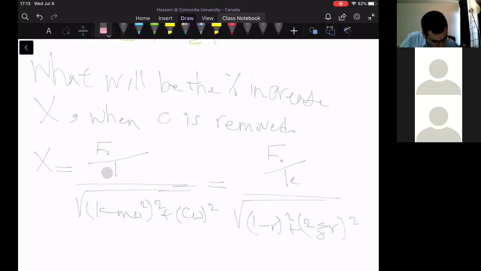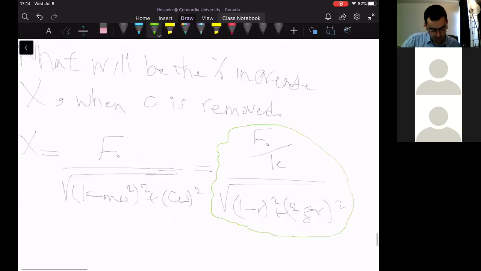I shouldn't have written K for this formula. These are the same, but this is the suitable format. It depends on you. You could use either the left or the right one. The right one is the dimensionless formula. R is the frequency ratio, omega over omega n.